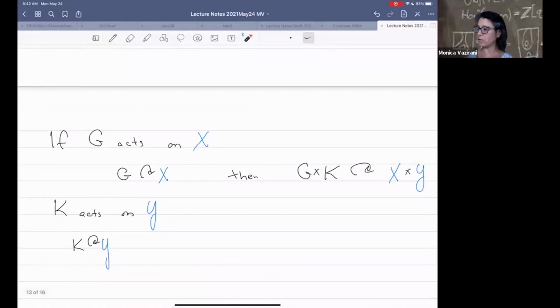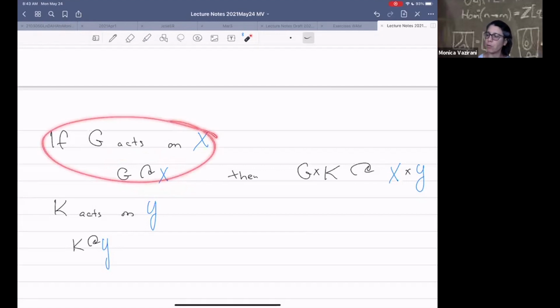Going back to the setting of acting, if G acts on a set X, and K, some totally different group, acts on some totally different set Y. Oh, and this notation, I don't know if it has come up yet this week, but instead of writing G acts on X, or X is a module for G, you get this little circular arrow as shorthand for G acts on X. So if you see this symbol, that's what it usually means.